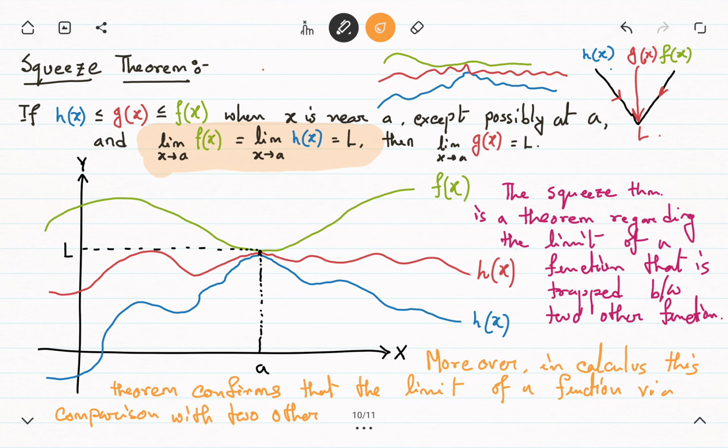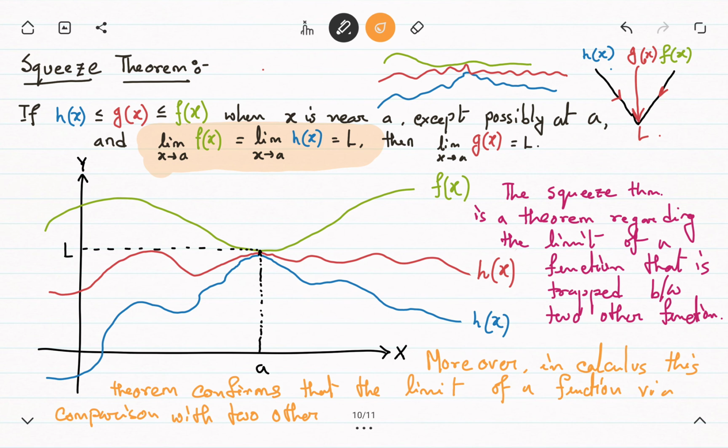So let's explore the epsilon delta definitions for problem solving purposes, okay.